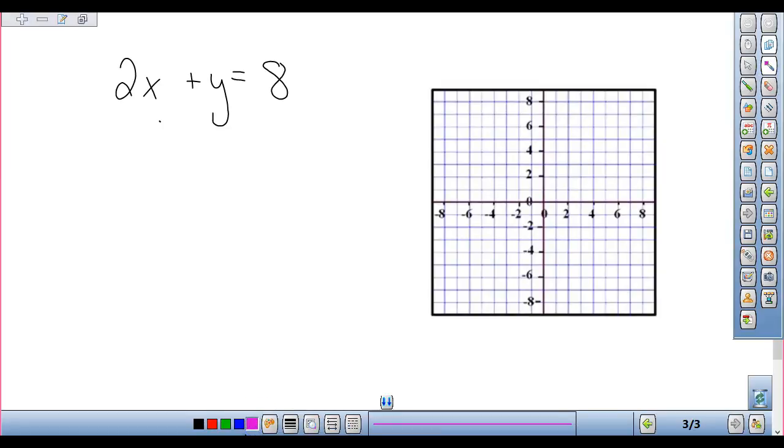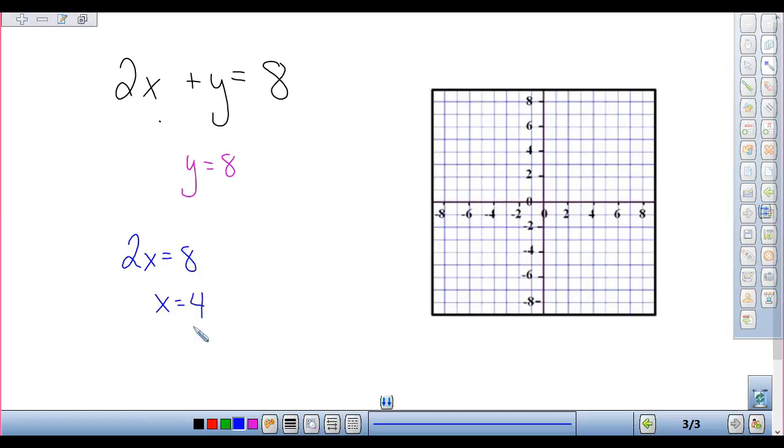If I find the y-intercept, what's going away? 2x, and I have y equals 8. Okay, let's find the x-intercept. If I'm going to find the x-intercept, what's my equation? 2x equals 8, so x equals 4. So we go over on our graph. Y is 8. X is 4. There's my graph.